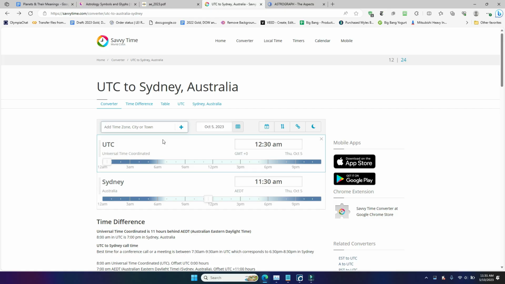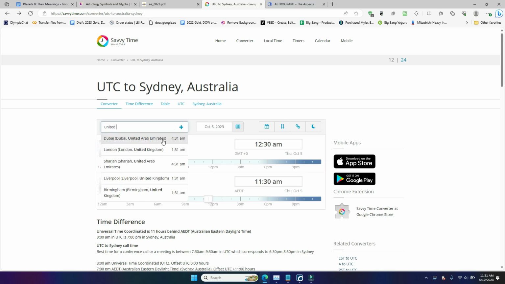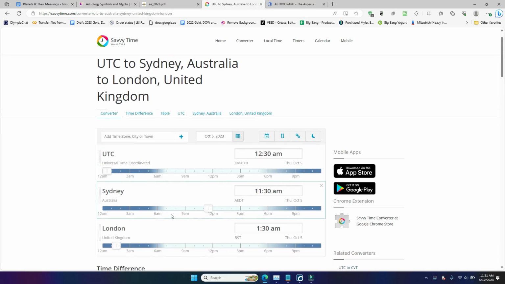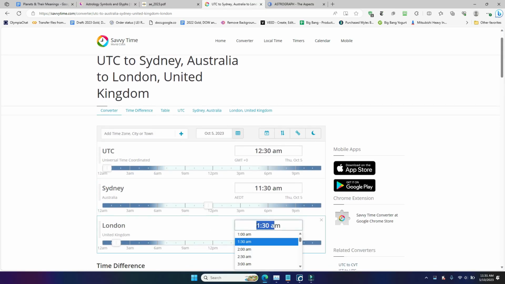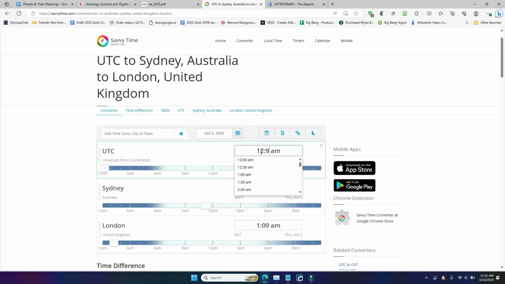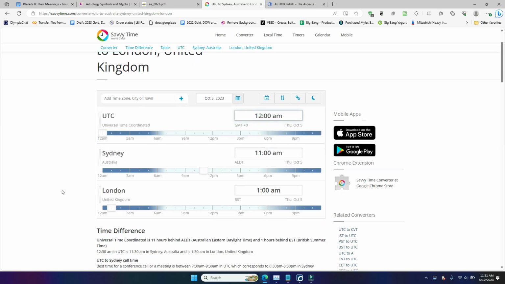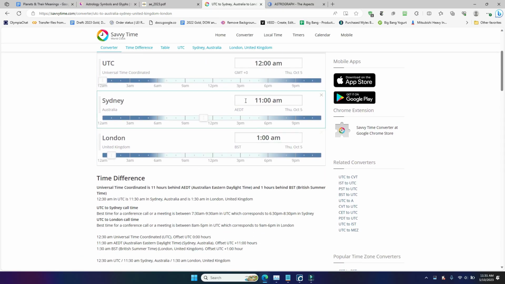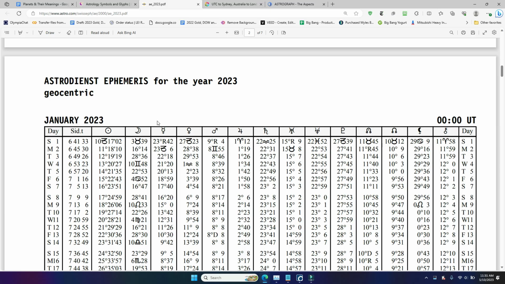Let's say, I don't know how the UK works. We got 1 a.m., so 1:30 a.m. I'll just change this back to 12 a.m. So 1 a.m. London time. So you'll be working that, for example, on Sunday the 1st at 1 a.m. London time.